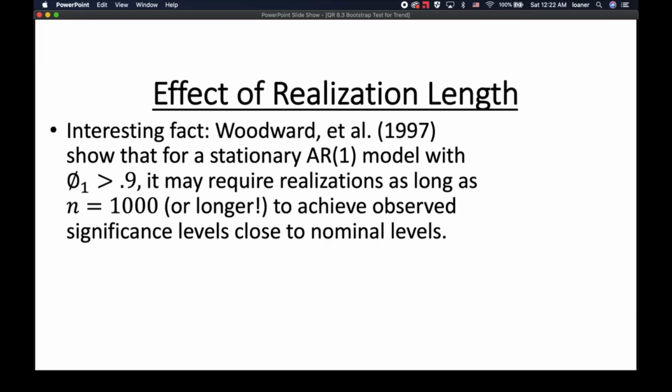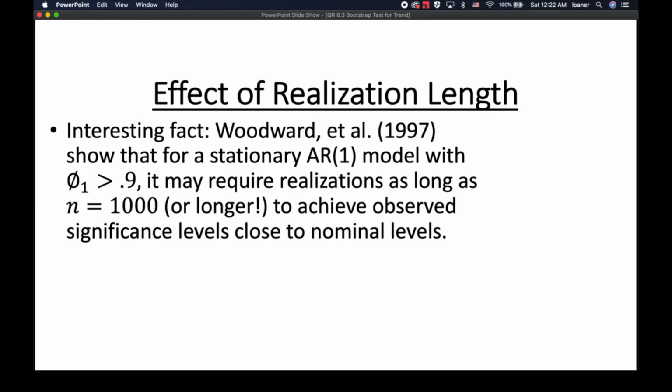One other thing, I mentioned realization length just a little bit ago. Let's talk about that. You saw in that table for the Cochrane-Orcutt and also for the WBG that the longer the realization length, the better the test does in being accurate about rejecting the null when it should.